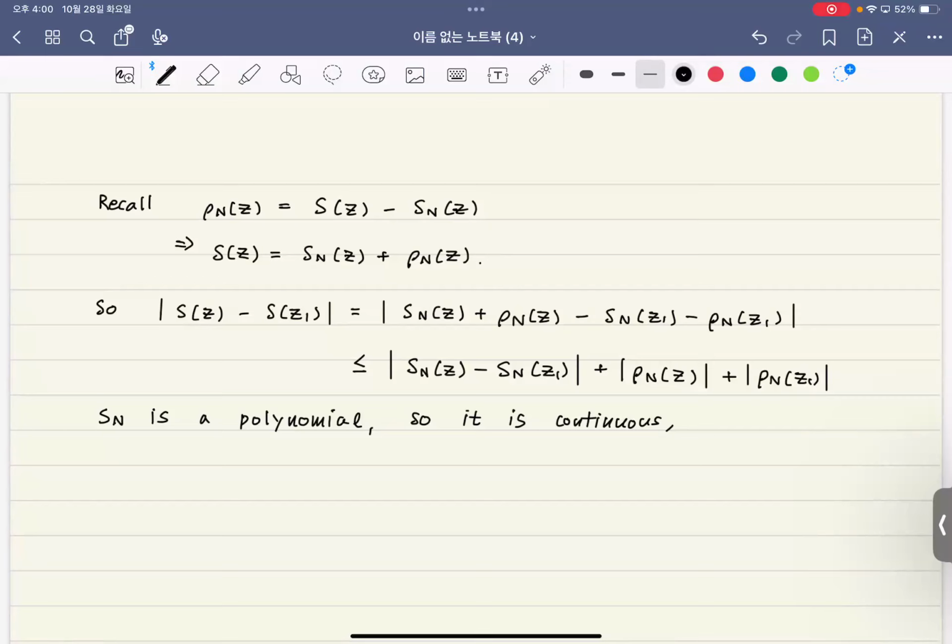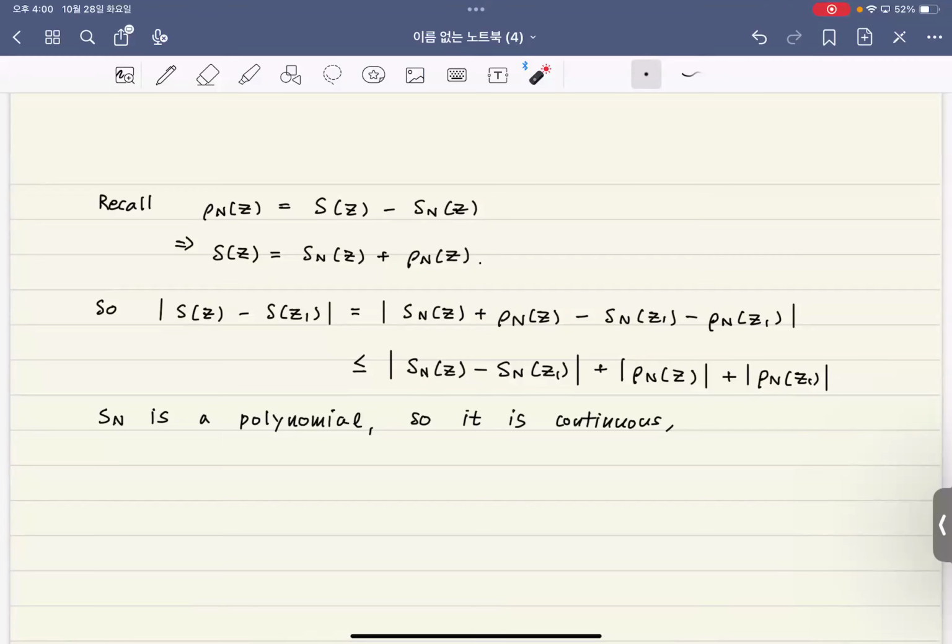For any n, I must be able to find some delta, so small that the difference between this and that is less than epsilon. Which is good.